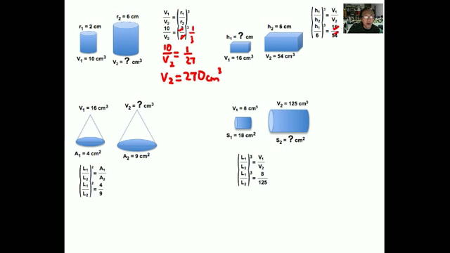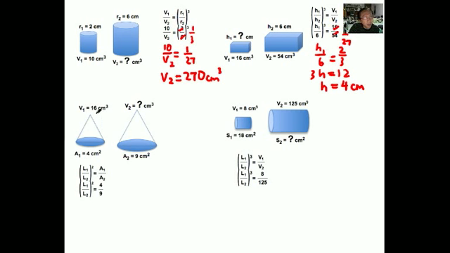We have 8/27, and taking the cube root, we have 2/3. Cross multiply and divide by 3. We find that the height is 4 cm.